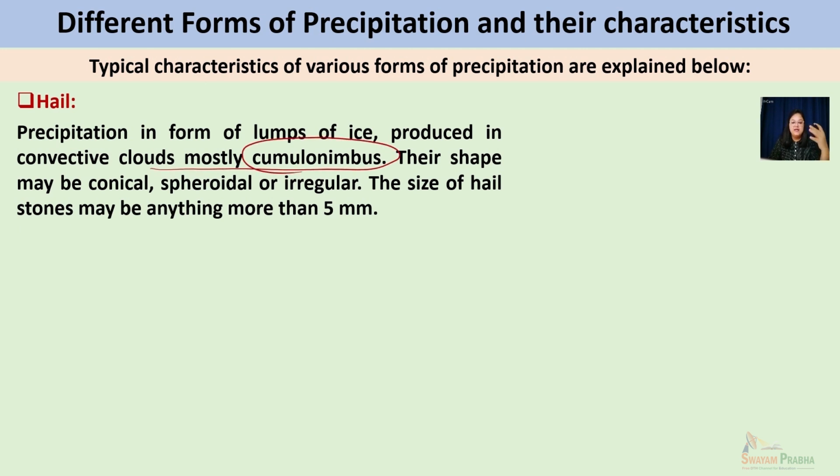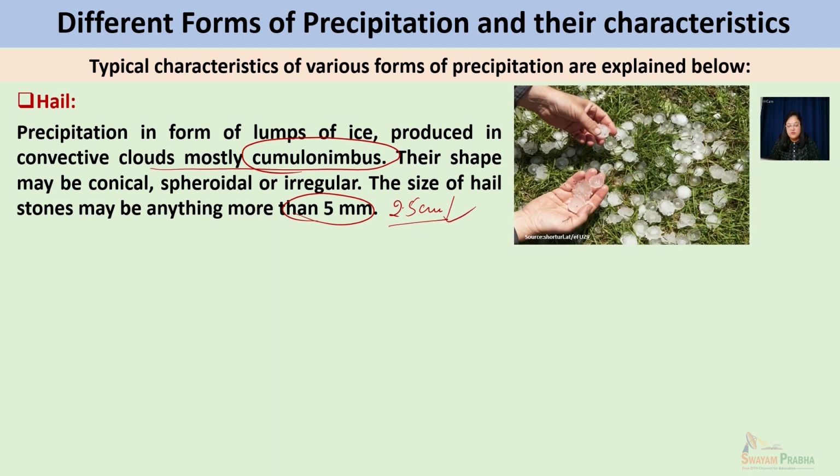These vertically towering clouds lead to conditions which produce precipitation in the form of hail. The size of a hailstone can vary from 5 mm to even 2.5 centimeters, and they are mostly associated with thunderstorms. A hail size of 2.5 centimeters or more is indicative of very severe thunderstorms in the region.